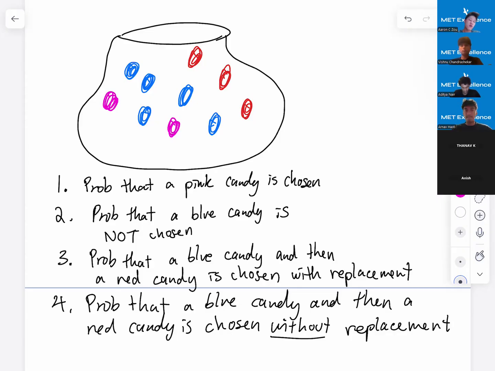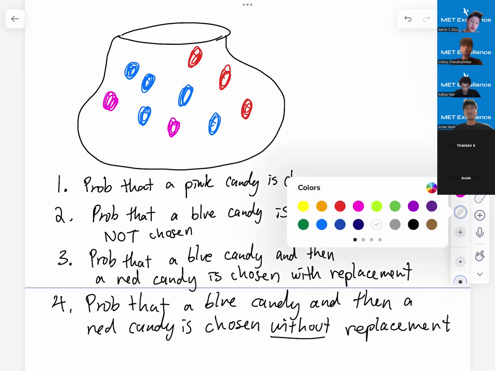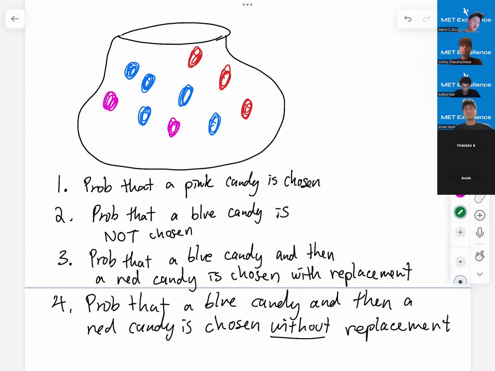Okay, so I'm going to go over question one first. So I think everyone got that right, which is great. The probability of a pink candy being chosen will just be we have two pink candies, and in total, we have 9 candies.